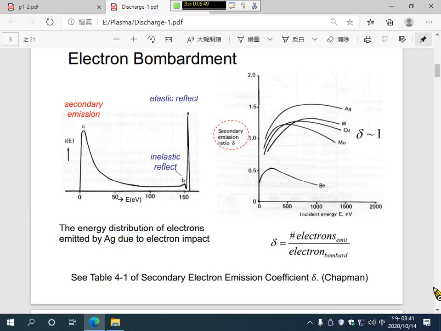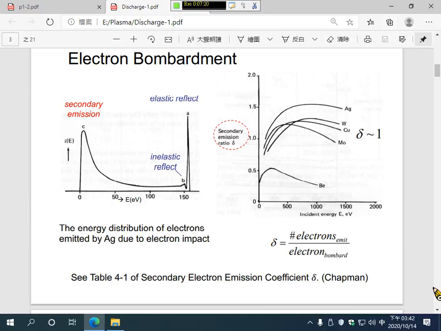So these electrons can reach the surface of the chamber wall, the surface of the anode, and some of the electrons can reach the surface of the cathode. If these electrons collide with the material surface, it will emit electrons, and this is the first type of the secondary electron emission.